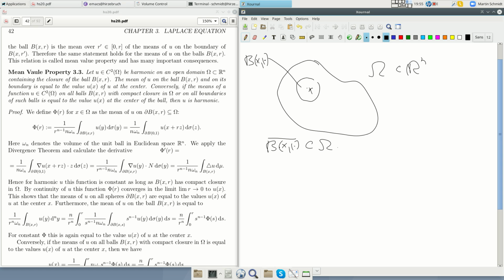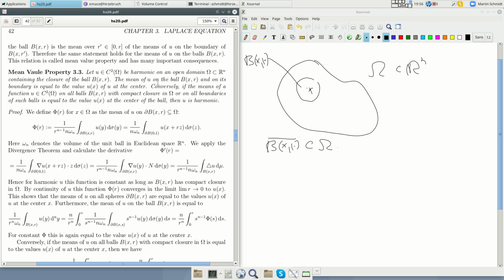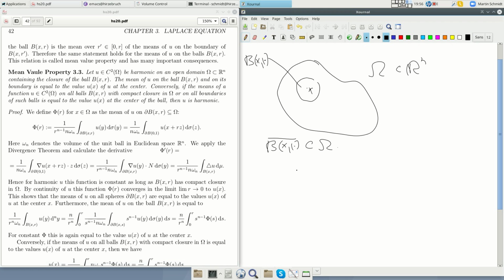Now the closure is then of course a compact subset of omega. And then we take the mean of u on the ball. What is the mean? The mean is the integral. So we take the integral of u(y) over this ball, dy, and we divide by the volume of the ball.